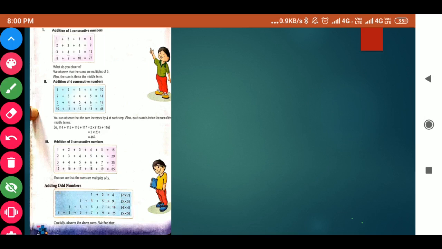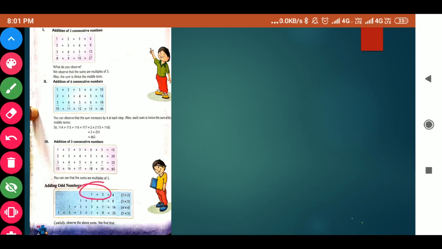Here you can find the sum by multiplying the number of digits together. See, here 2 odd numbers are given, 1 plus 3.